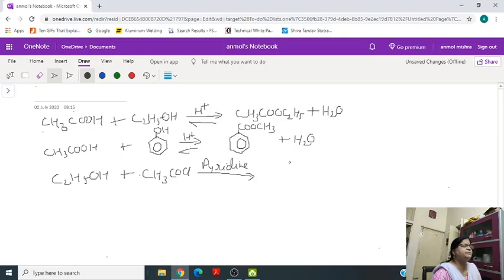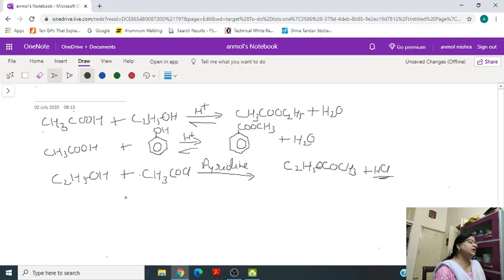It forms ester. So this reaction takes place in the presence of pyridine, to neutralize HCl which is formed in this reaction. That is, the function of pyridine is to neutralize the effect of HCl formed in this reaction.